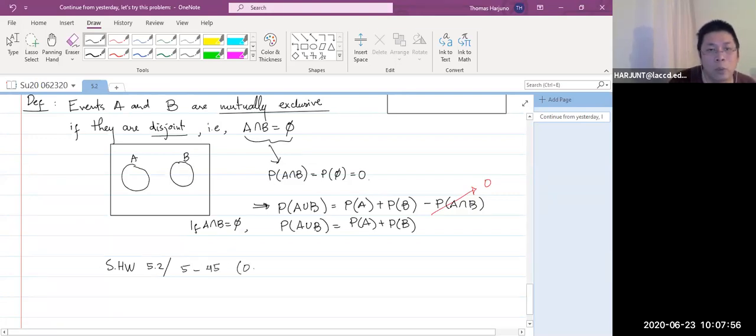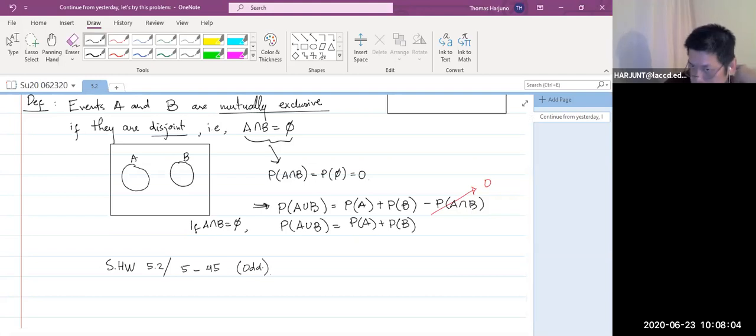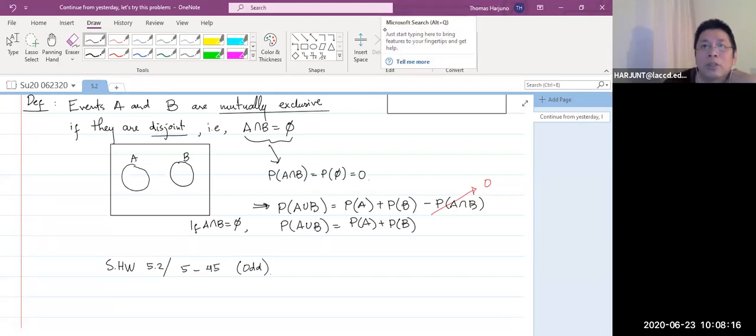Just do the odd ones so that you can check with the back of the book if you have the book. I will try to post the solutions for these odd problems in our textbook to our file folder. Please remind me if tonight around 6 o'clock you don't see it, but I will do so.